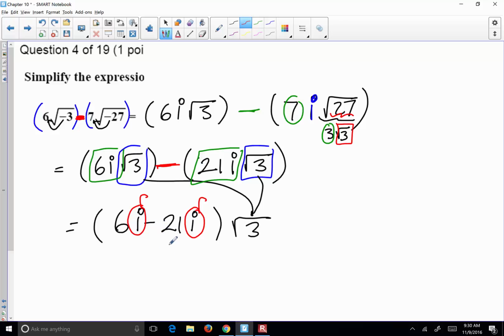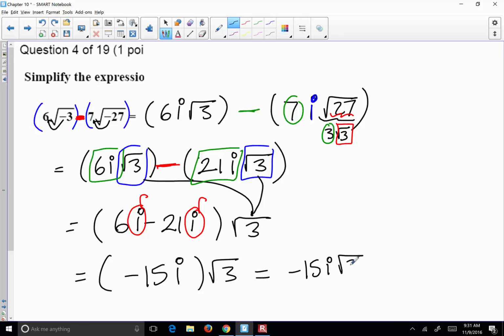Right? You don't have any apples. You're taking a loan on apples. It's negative. So it's negative 15i root 3. You don't need a parenthesis. Once you've taken care of this operation, you can remove the parentheses and even put i to the end or to the middle. I don't care. Alright, this is the result.